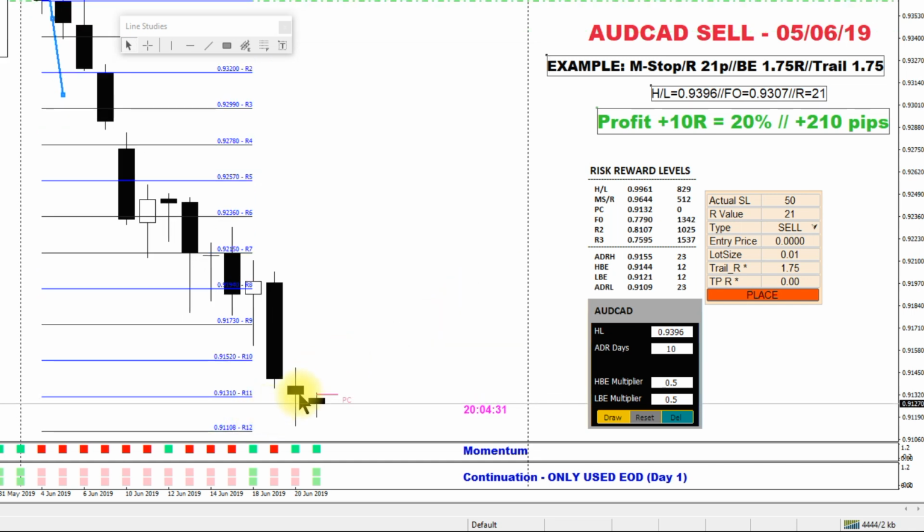Again, we could have closed there and banked. Well, we'll calculate it when it closes and show the options. But we're still at R10.